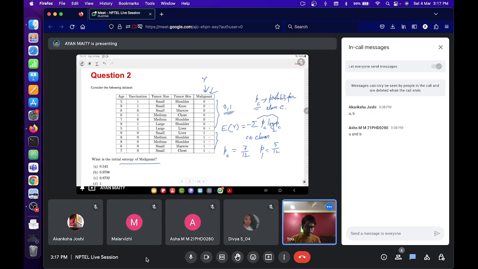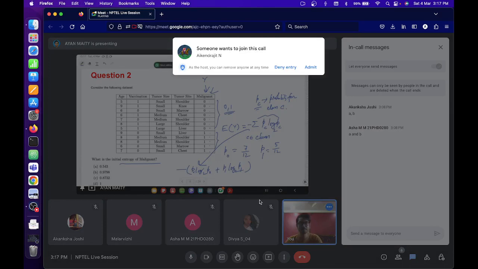And now we have to apply this formula. So it would be P0 log base 2 P0 plus P1 log base 2 P1, minus of this whole thing.